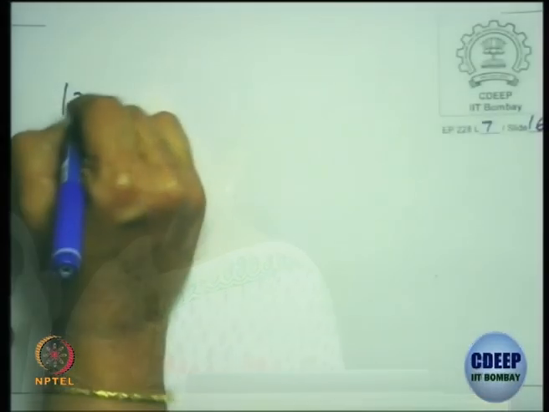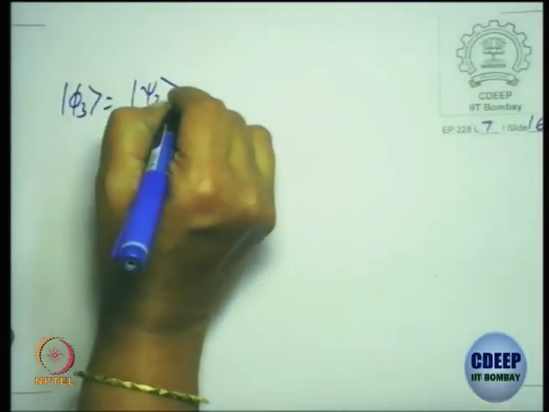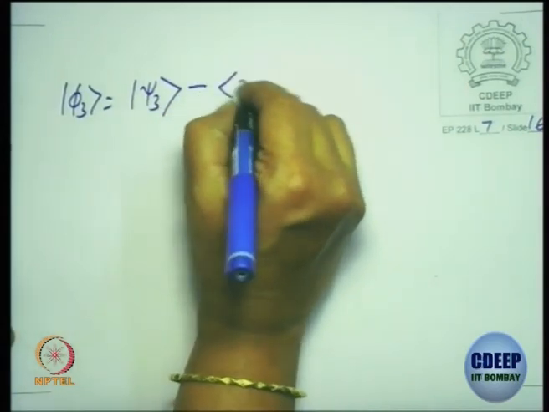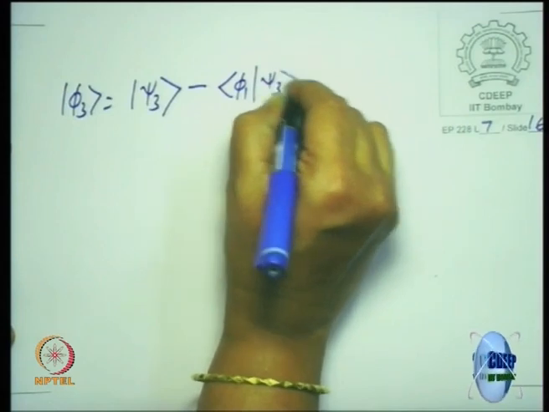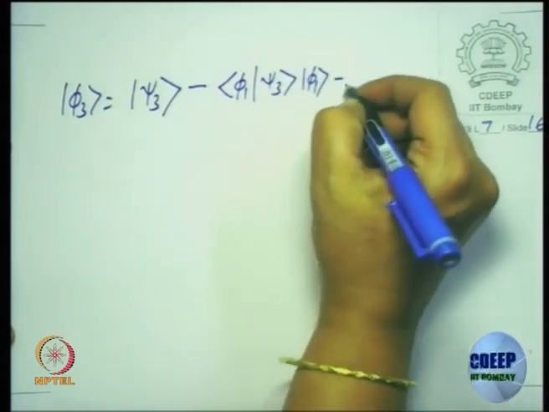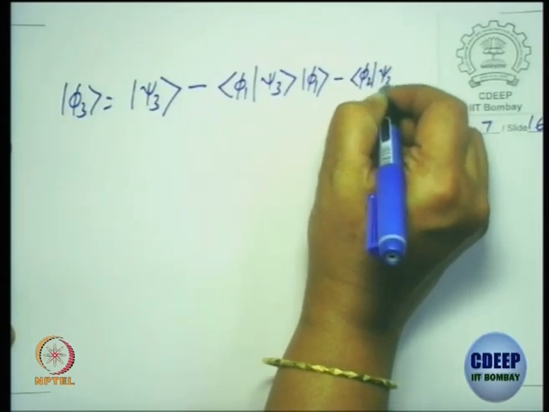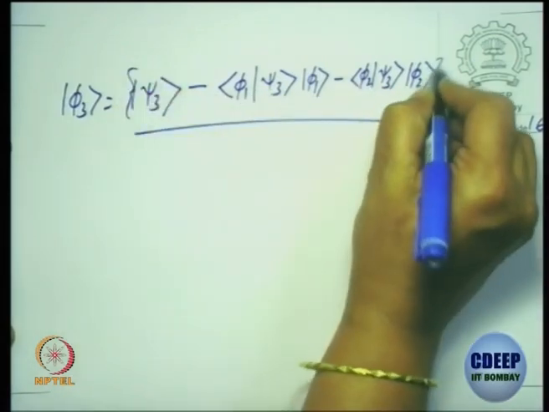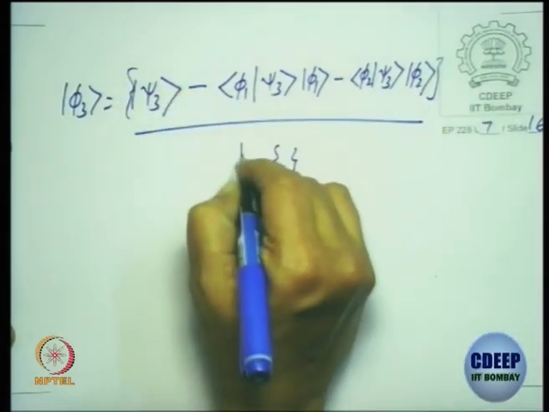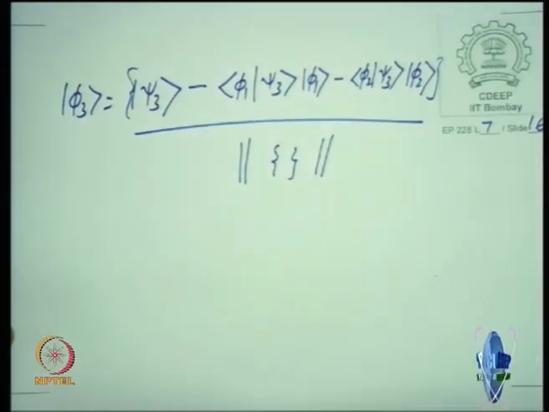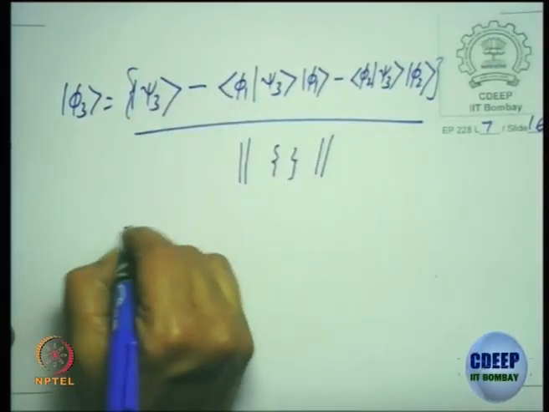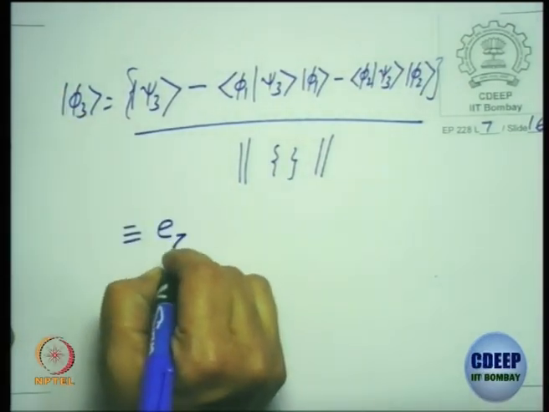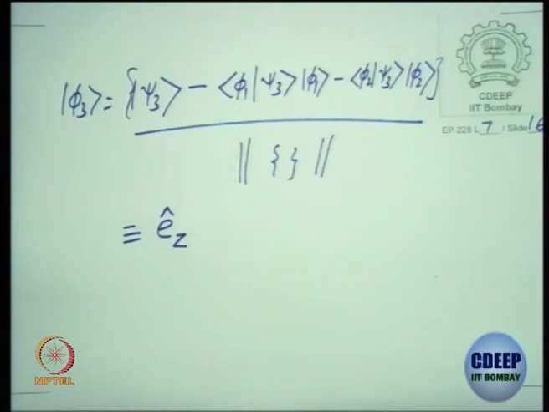Take phi 3 to be psi 3 minus phi 1 with psi 3 phi 1 minus phi 2 with psi 3 phi 2 and then whatever is this numerator, the norm has to be taken. That will give you, and this will turn out to be in your specific example as Ez. So we could do this Gram-Schmidt orthogonalization to find all the 3 basis vectors neatly.